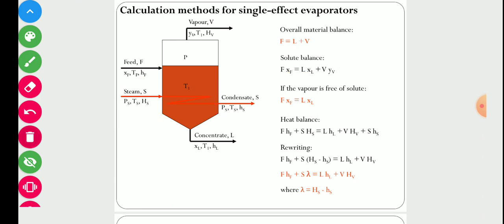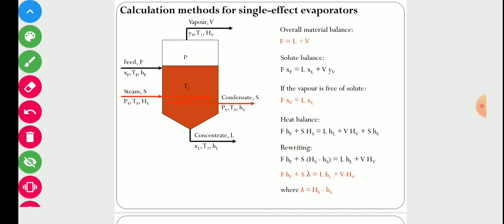So here we are assuming the steam and condensate both are at their saturation temperature. So the only energy transfer is due to heat of condensation only. So this HS minus small hs can be written as S into lambda. Here lambda is the heat of condensation, the only energy which is transferring through this phase change process.